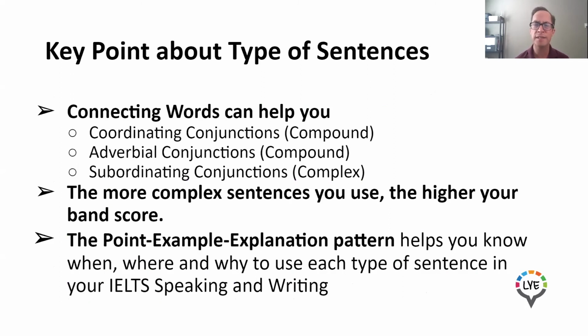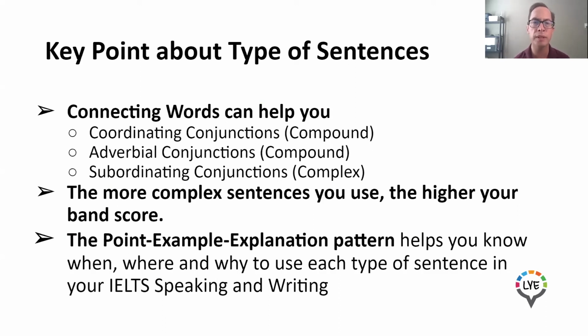So why is this all important? Why am I talking about compound complex sentences and complex sentences when the real focus is the point, example, and explanation pattern? Well, it's connected to the IELTS rubric, okay? So because complex sentences help you connect multiple ideas, they're very helpful for using the point, example, explanation pattern.